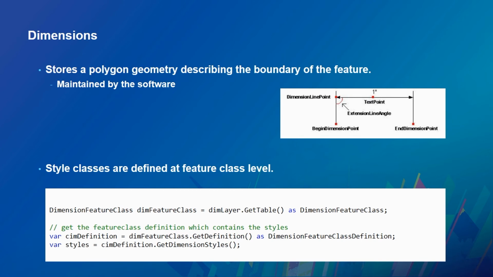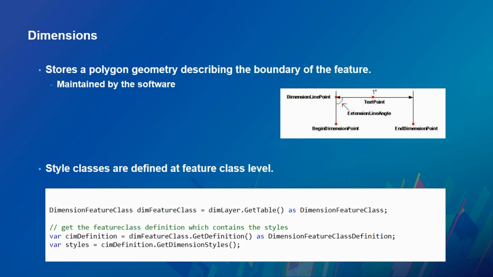Again, anyway, dimensions are very similar to annotations. They are a polygon feature class. They store a polygon geometry which describes the boundary of the feature. Again, it's a geometry that's maintained by the software, so that's something that you are not typically going to interact with. In fact, if you do interact with it, any change that you make is going to be overwritten by the software, so it's actually quite pointless.